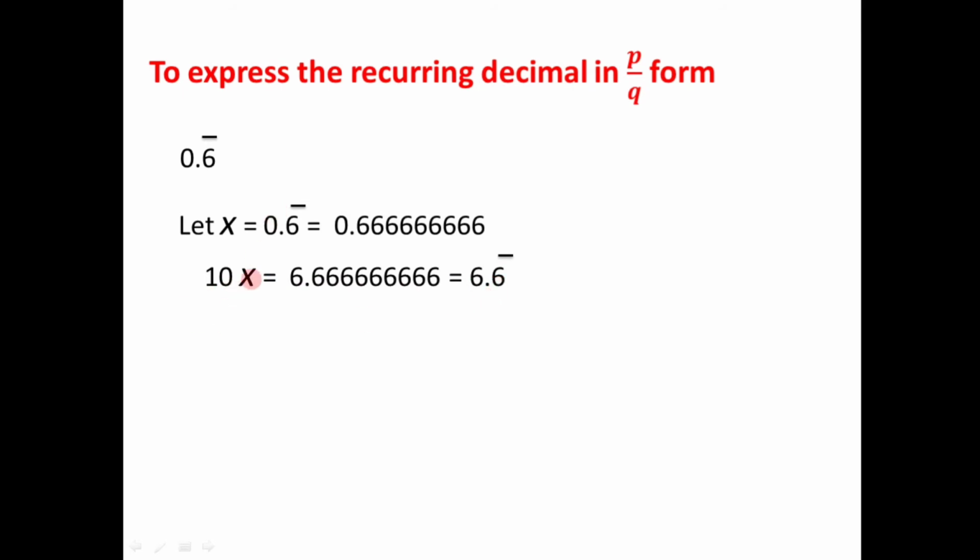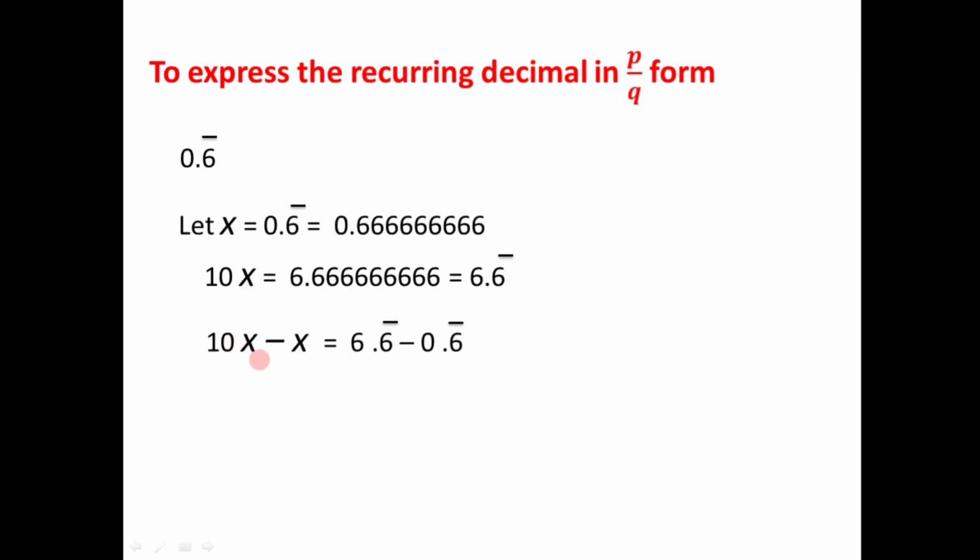Now if we subtract these two equations, that is, if we subtract x from 10x, we get 10x minus x, that must be equal to the right hand side of equation 2, which is 6.6 recurring, minus the right hand side of the first equation, which is 0.6 recurring.